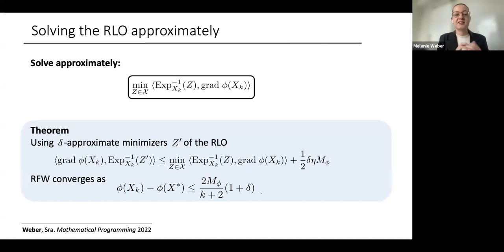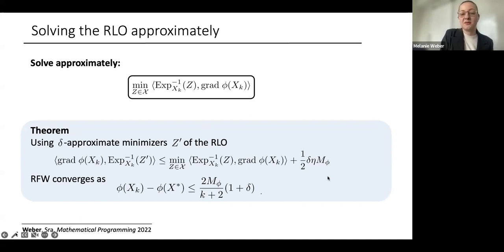So if we're in the setting where we don't have a closed form solution, we can only approximately solve that subroutine. As I said, we have to think about how the approximation error might impact our overall convergence rate. We have analyzed this and shown that actually it doesn't hurt us too much.